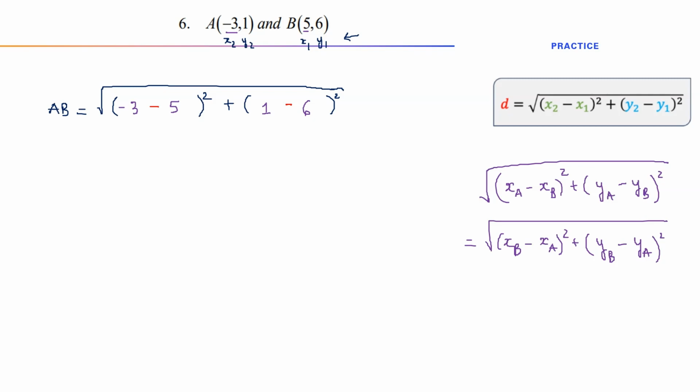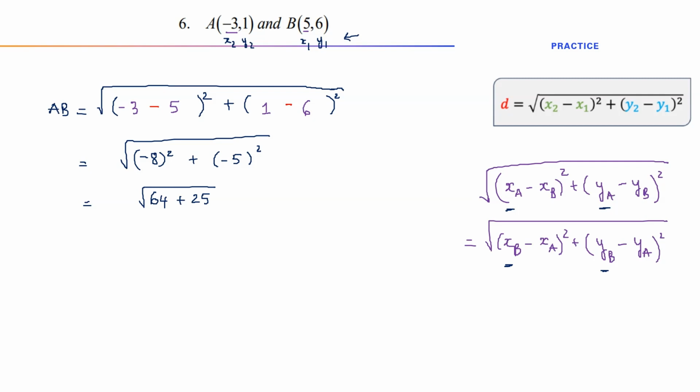As long as the first coordinate you use for x, you do the same point's coordinate for y as well. Alright, and then the rest. This one equals negative 8 squared plus minus 5 squared, right? Then take the square root. That's 64 plus 25.